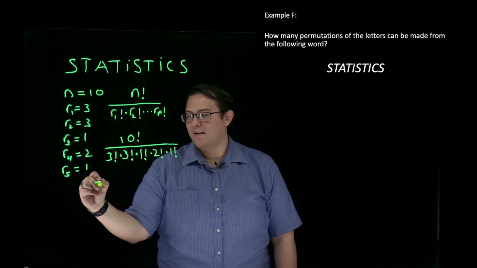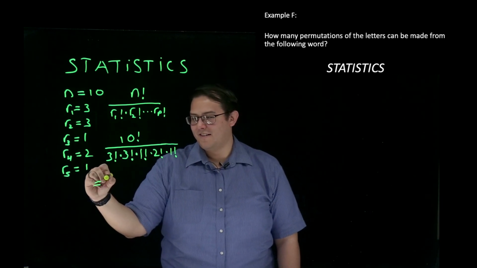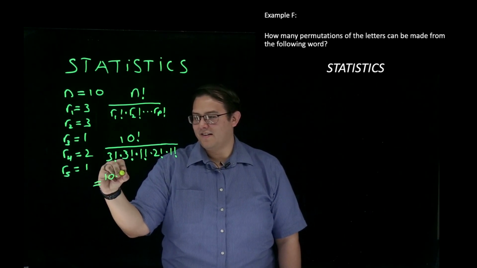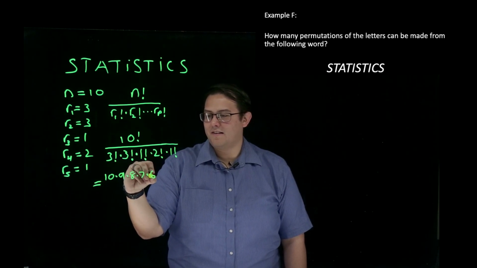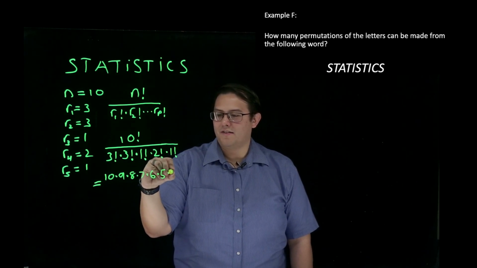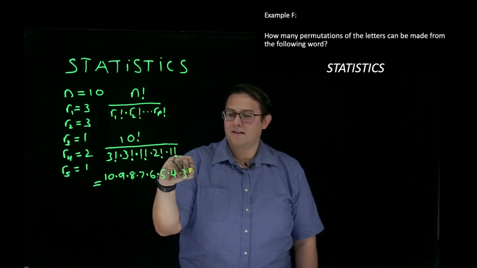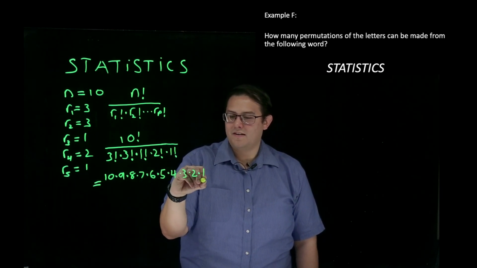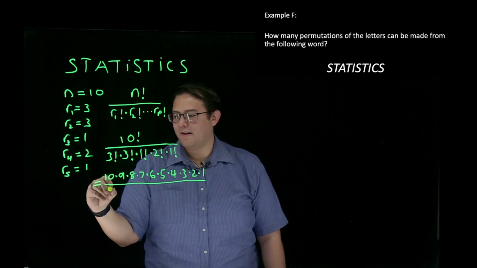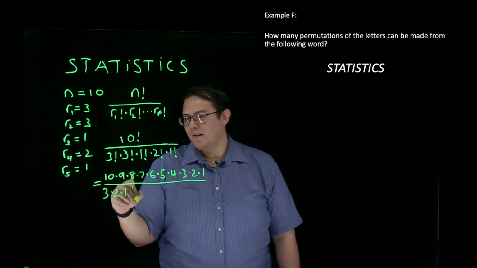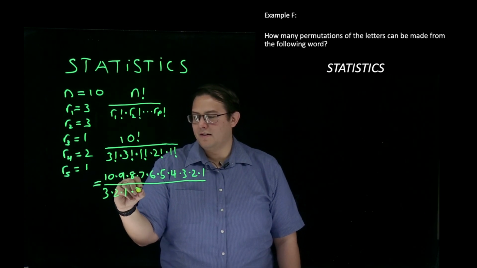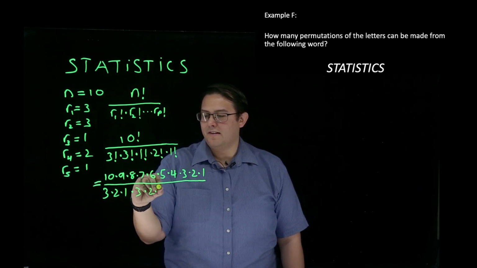Okay. So 10 factorial, that's going to be 10 times 9 times 8 times 7 times 6 times 5 times 4 times 3 times 2 times 1, all over a 3 factorial, 3 times 2 times 1, and then another 3 factorial, 3 times 2 times 1.